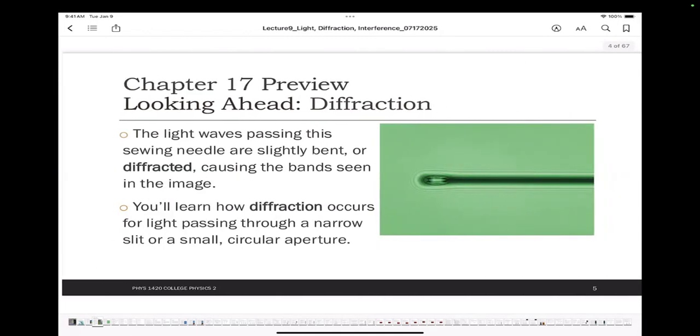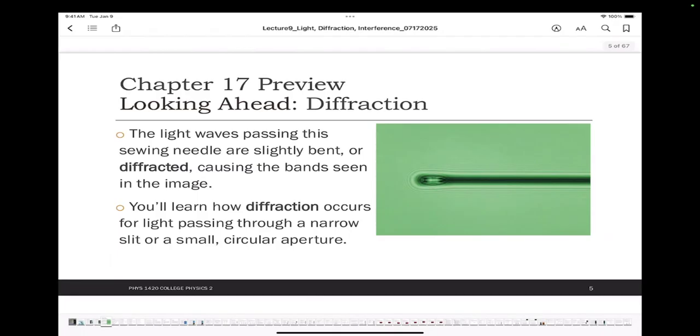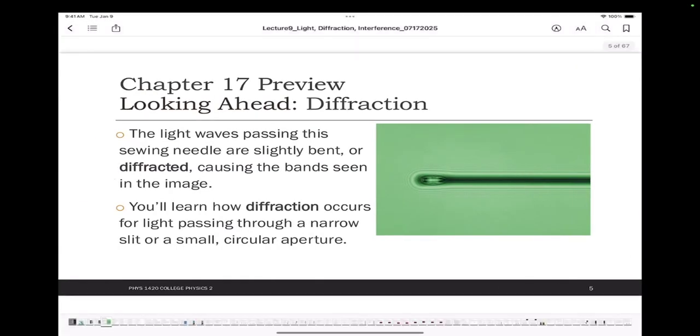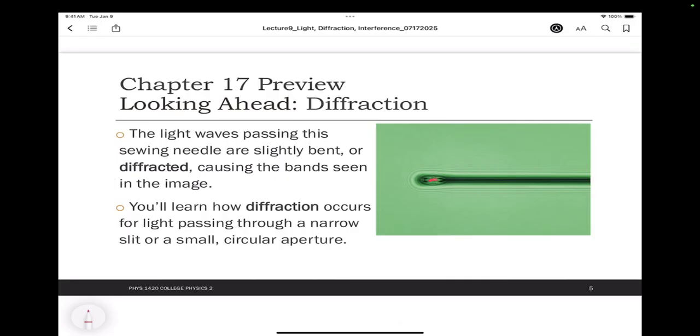Let's continue. We also will talk about diffraction. Like the light waves passing this sewing needle are slightly bent, or diffracted, causing the bends seen in the fringe. You can see here, if the light goes through this sewing needle, the light will bend, or we call it diffracted.